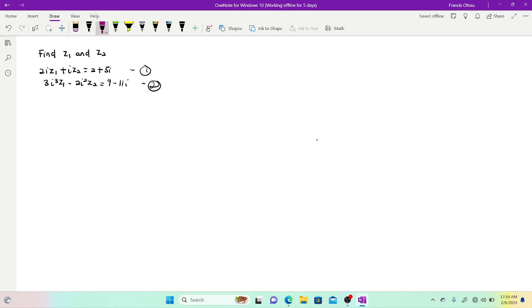I have this first equation here, which is 2i multiplying z1 plus i multiplying z2 is equal to 2 plus 5i. That is our first equation. The second equation is 3i cubed multiplying z1 minus 2i squared multiplying z2 all is equal to 9 minus 11i.